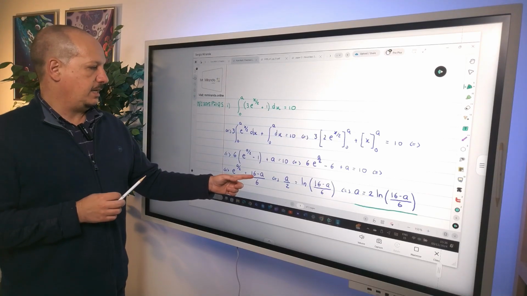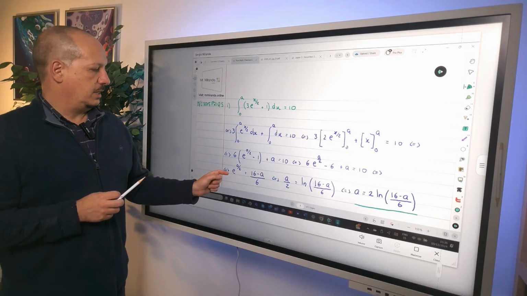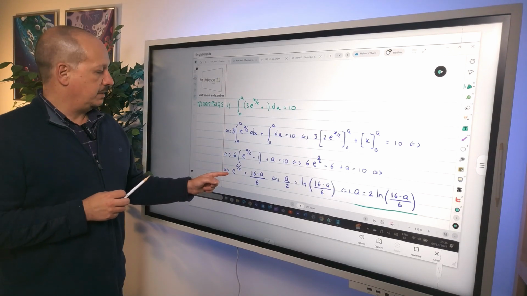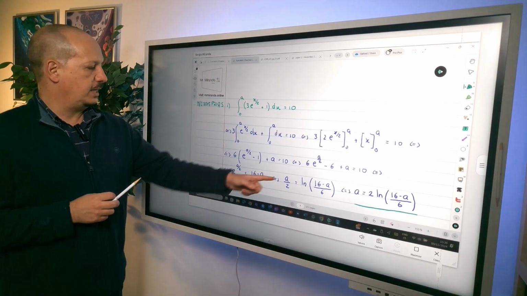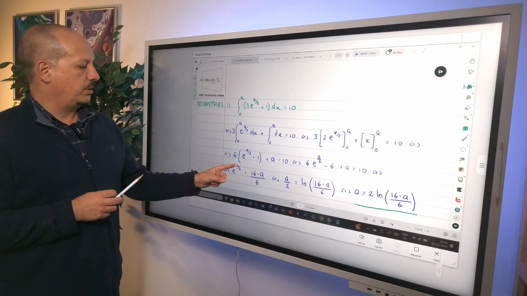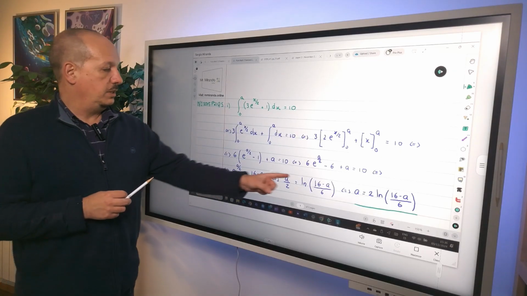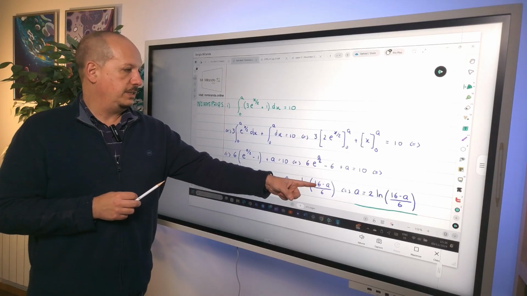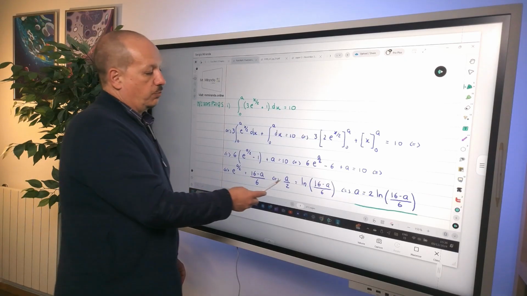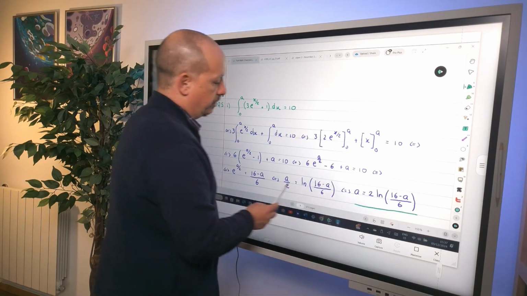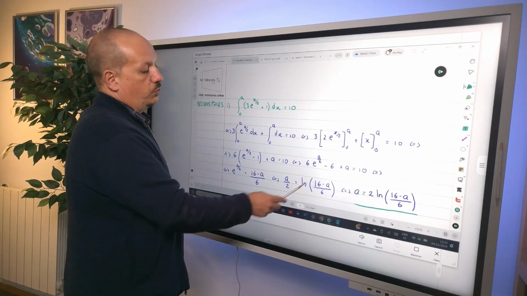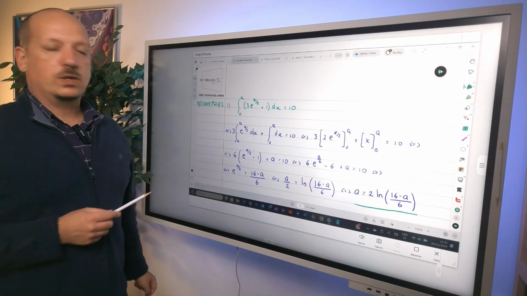Then I have to get rid of this e, all right? And I take the natural logarithm on both sides. Natural logarithm of e to the power of a over 2 is just a over 2, equals natural logarithm of this. And I get the equation that I had in the first place just by sending this to the other side, all right?